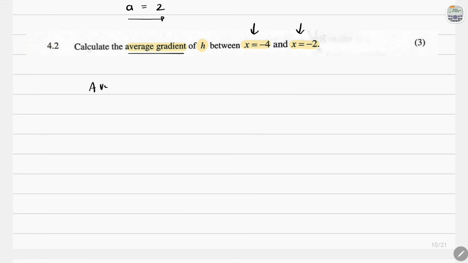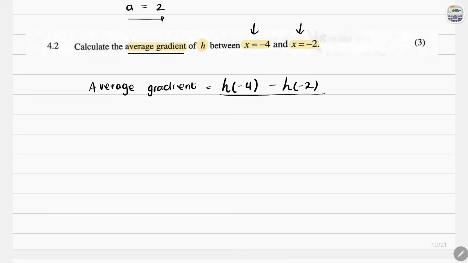So to find the average gradient, we're simply going to say average gradient is equal to, and we are taking the y2 minus y1 over x2 minus x1. So its y value will be found as a result of substituting an x value into this graph of h. So that's h of -4, and we can say minus h of -2. This can, of course, also be h of -2 minus h of -4.